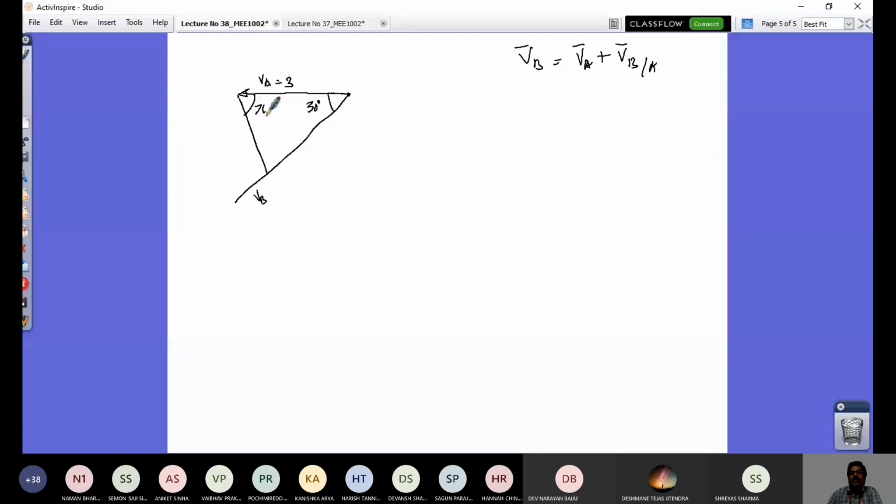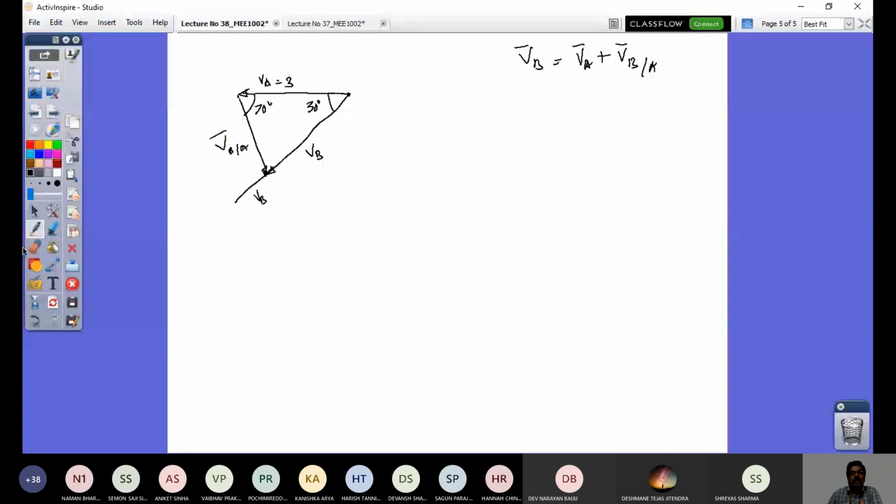That's all. Where it intersects, there it ends. Now this is VB and this is VBA. Let me erase the excess.